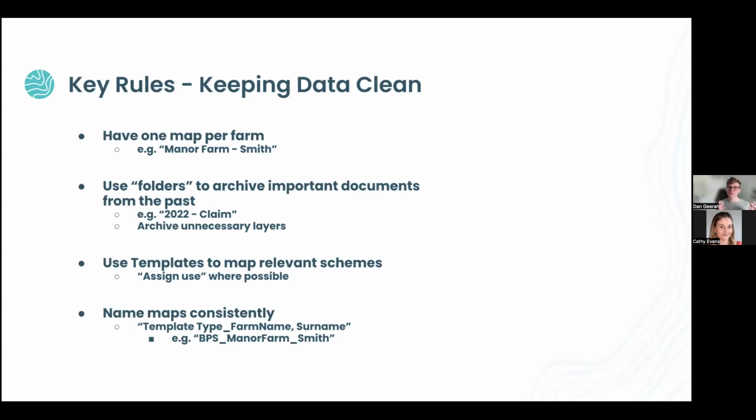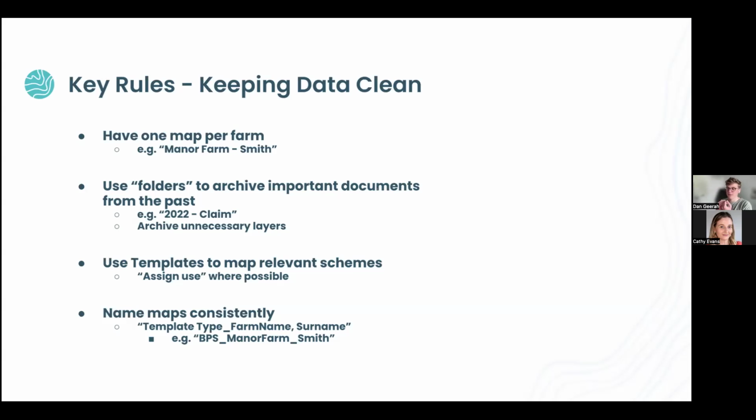Alongside those folders, you also can use the archive function, which I will show you in a moment, but that's just a way of removing the data from your map entirely. So rather than having it in a folder, if it's an unnecessary layer, we do have an archive function that means you can almost hide the data from that map, but retrieve it at a later date if you so wish.